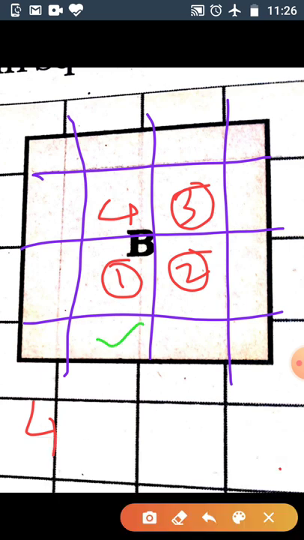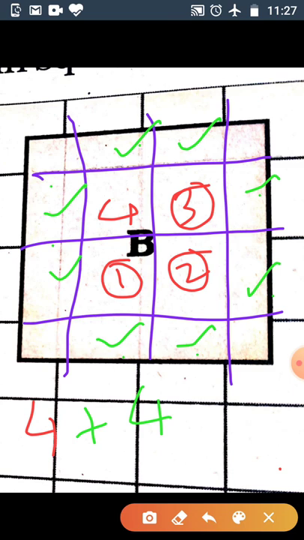So this one is half, this one is half, this one is half, this one is half, and so on. So total halves are 1, 2, 3, 4, 5, 6, 7, 8. 8 halves means 4 complete squares, right?